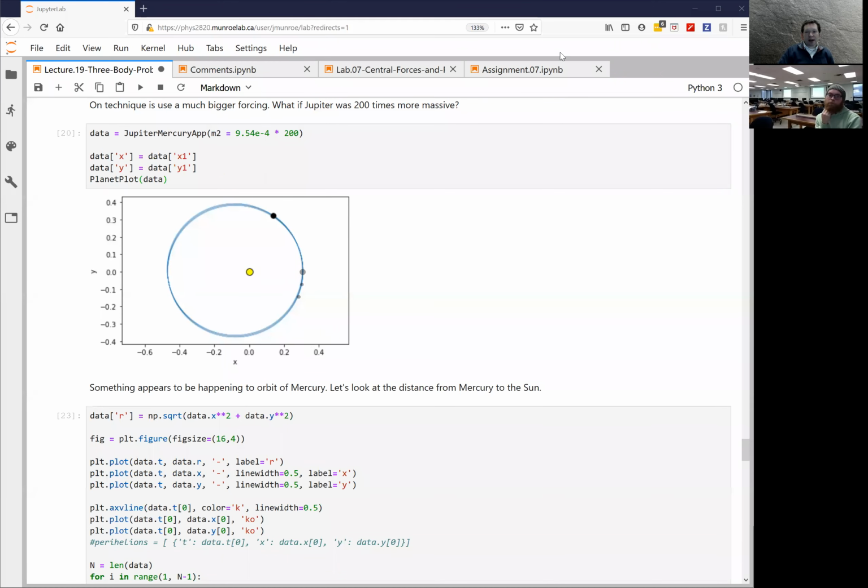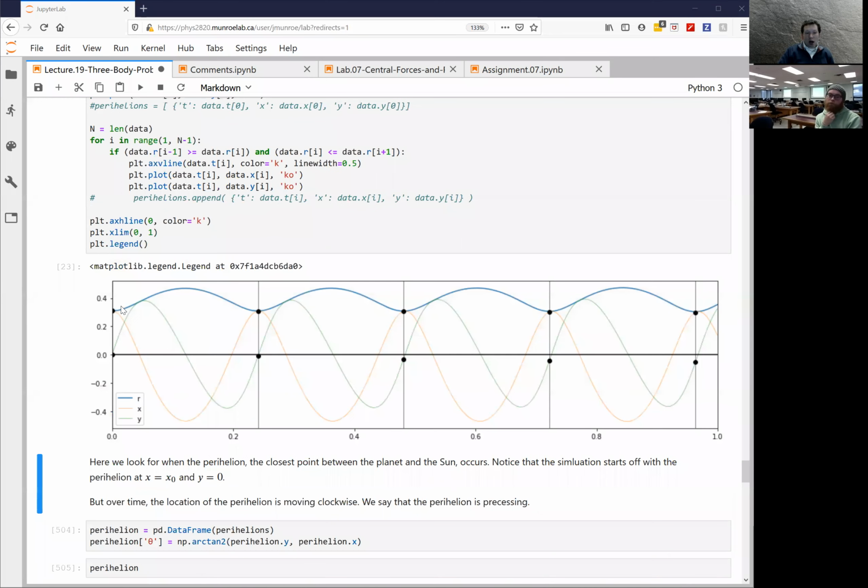You can see that in this plot because these dots, which represent X and Y coordinates, start off where the perihelion occurs at the Y coordinate of 0. But can you see how these black dots are slightly moving below the line? What they're doing is the perihelion is no longer occurring at Y equals 0. It's occurring at Y a little bit less than 0, a little bit more negative.